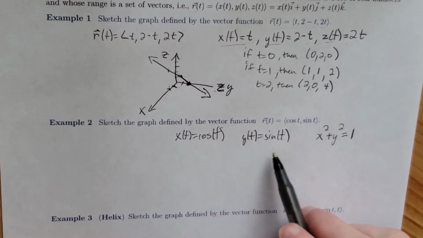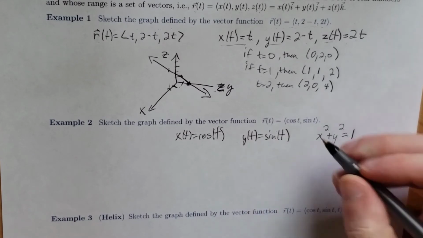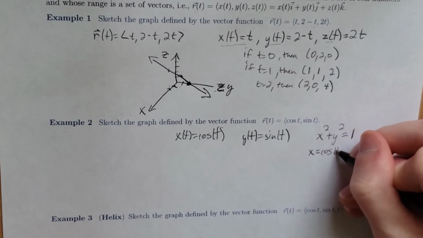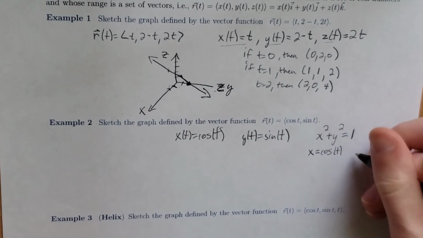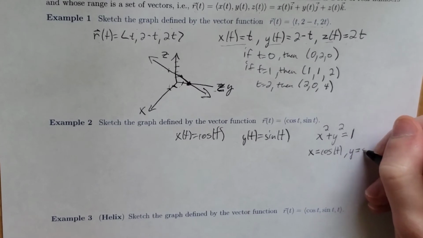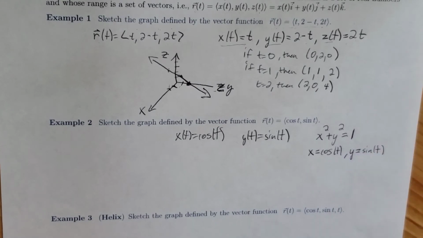But we might recall that in this case, if we wanted to convert to polar coordinates, if you recall doing that in a previous course, then we found that x is cosine of theta, and y is sine of theta, as you probably used previously.